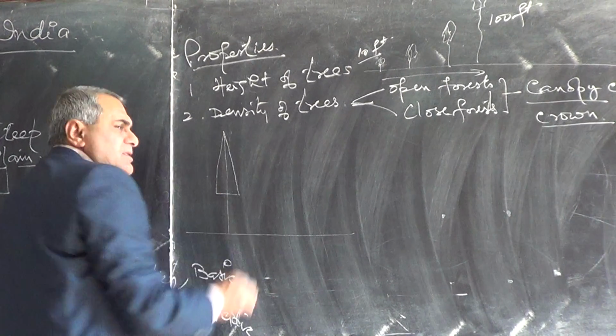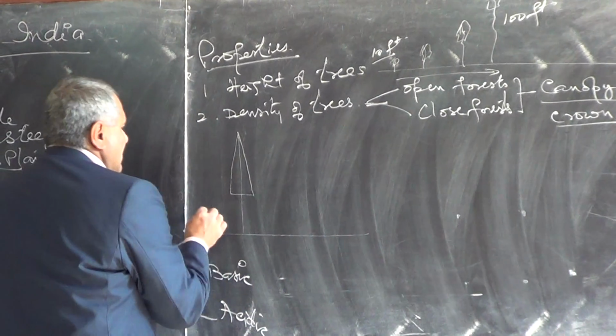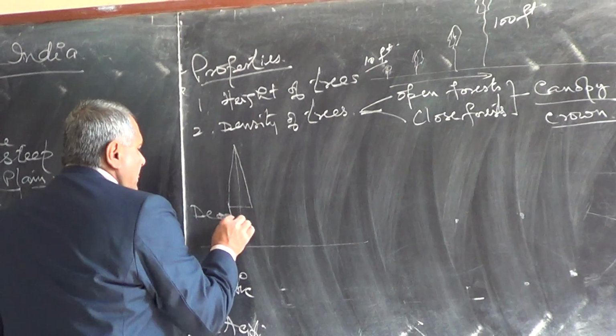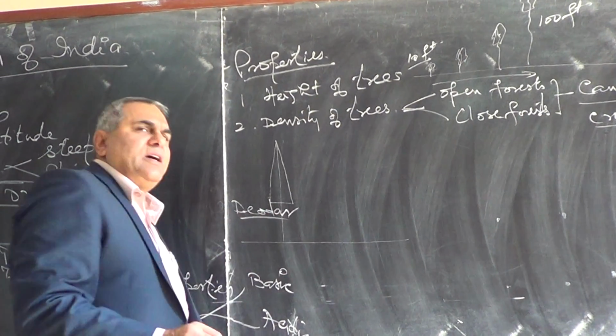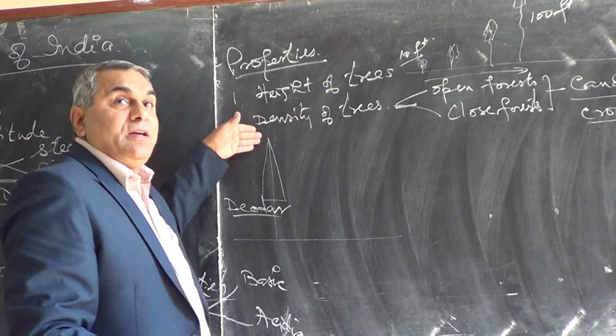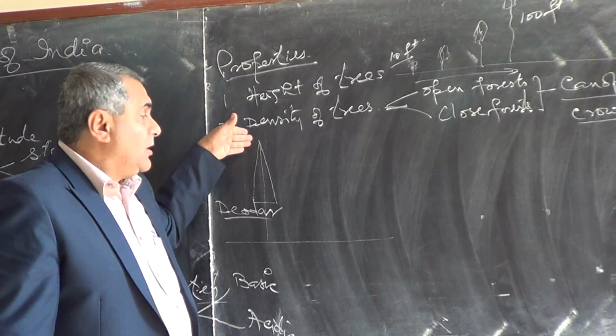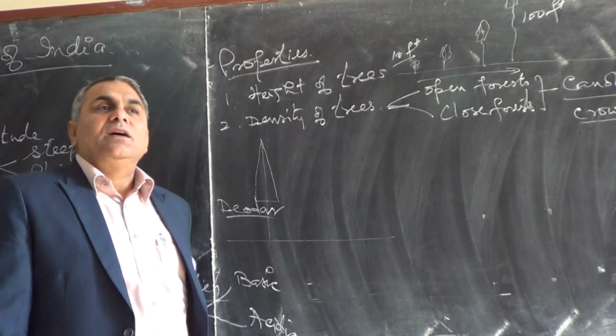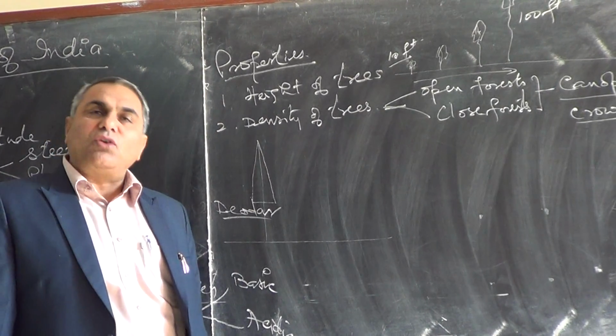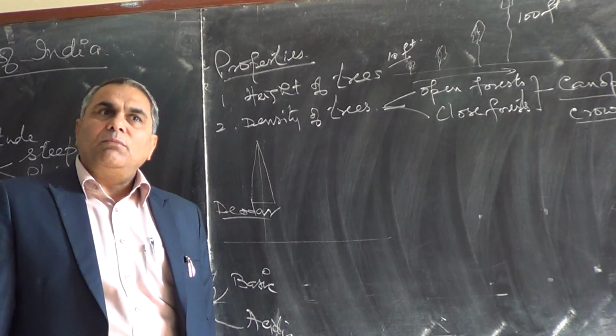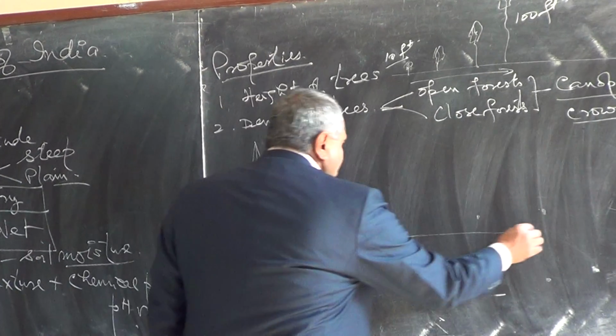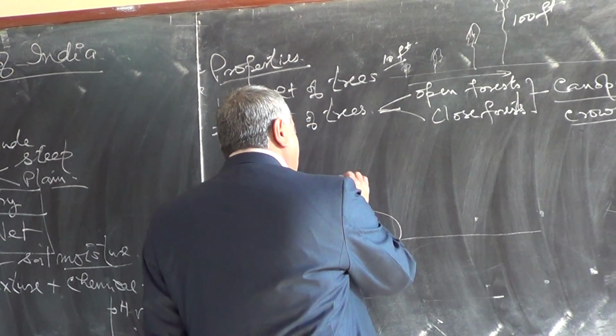It is like this. This is Devdar. And on the other hand, this may be say 100 feet tall. But on the other hand, let me take 30 feet tall or 40 feet tall mango tree. Mango is only 40 feet and it is like this.